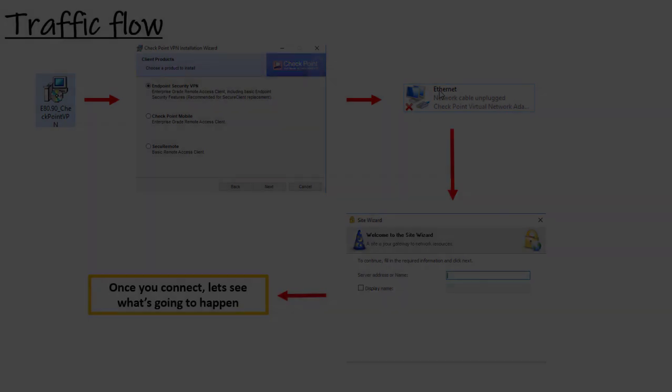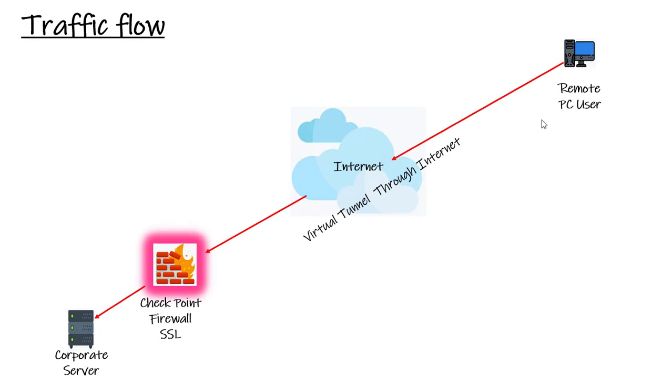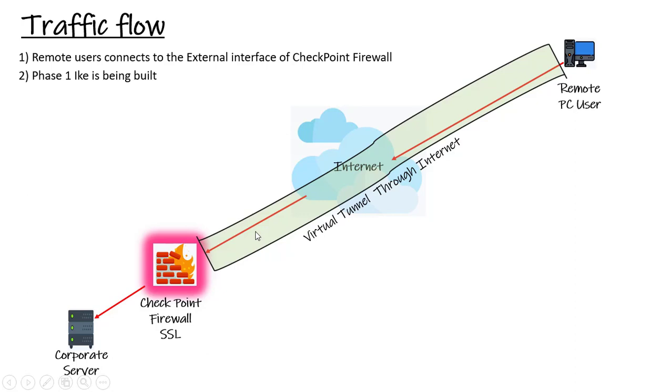happen? Let's see. In the topology on the screen, we have a remote user that is connected to our Check Point firewall, and we have internet between them, and we have to make our connection secure. So we are connecting to our external interface of our Check Point device, and during that time, the first phase of the VPN is being built.